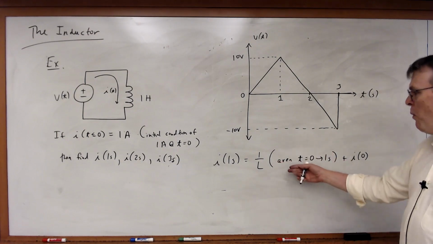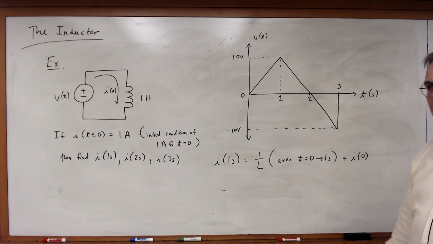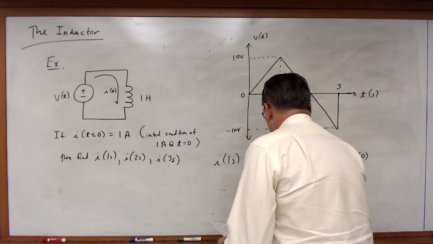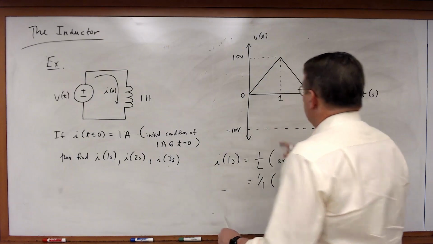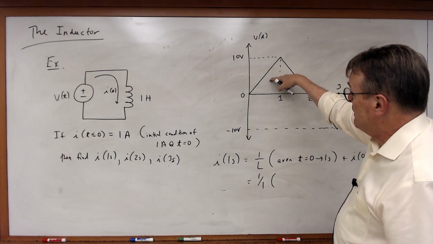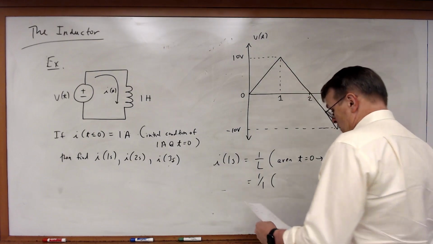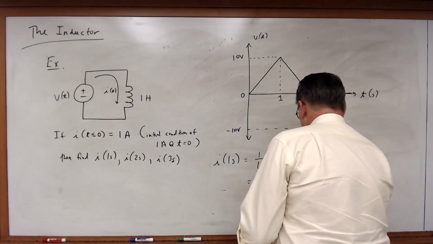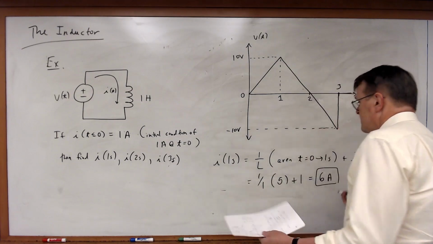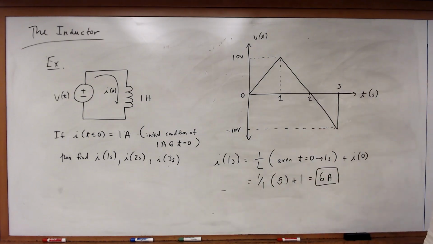So this is nothing more than 1 over L times the area of that voltage. And so in this case, this is equal to 1 over 1 times 1 times 10, the area of this triangle, divided by 2, and that will be equal to 5 plus 1 is equal to 6 amps. So I did this the easy way.